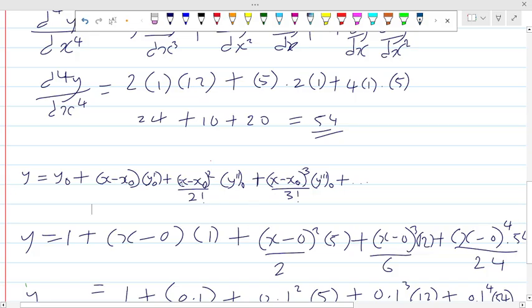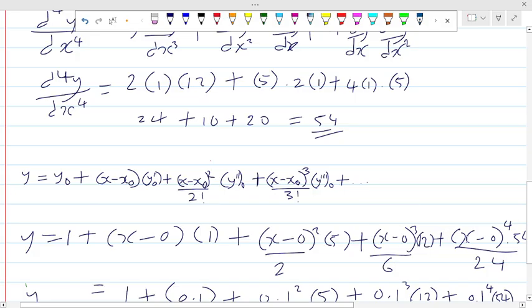Plus, go to the next part. X there, x0 is 0. Use to power 2. 2 factorial is 2. Then the second derivative of y is 5. You can check up and confirm that. Plus x, yeah, x minus x0 is 0. Use power 3. Third derivative is what? 12. 3 factorial is what? 6, because 3 factorial is 3 times 2 times 1, and that's 6.